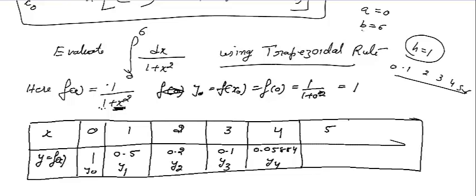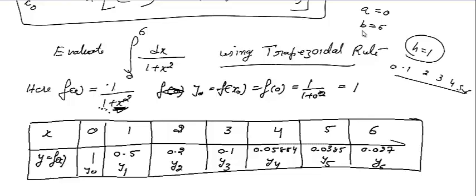So y5, you will put 5 here. 5 square is 25, 25 plus 1, 26. So 1 over 26, I will get approximately 0.0385. This is your y5. Now you will take the 6 here. 6 square is 36 plus 1, 37. 1 over 37. So you will take the help of a calculator. You will get 0.027 approximately.